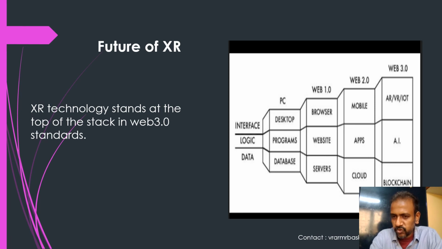When we move to Web 3, AR and VR, in terms of immersive technology, are at the top of the stack, on the interface, along with IoT. Artificial intelligence will take care of logic, and data will be handled by the blockchain. So in this slide, the relevant part is AR, VR, this immersive technology, which is at the top of the stack in Web3. This information was provided by Spatial Foundation.